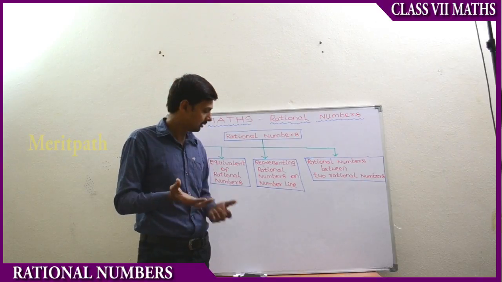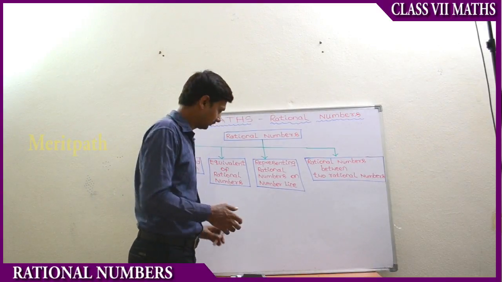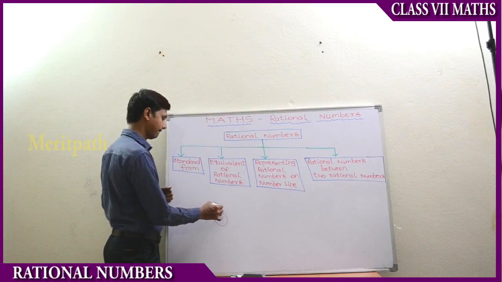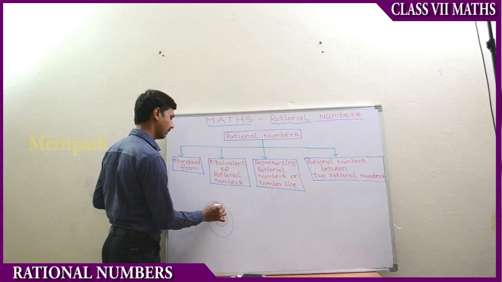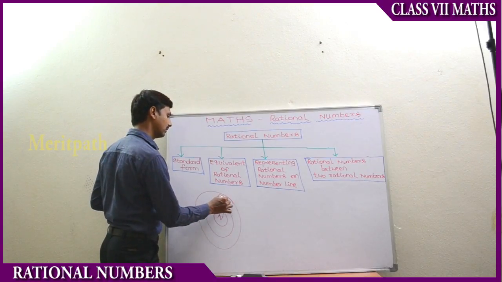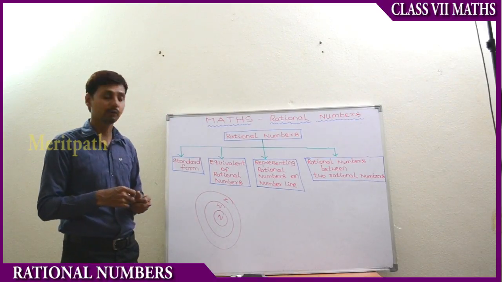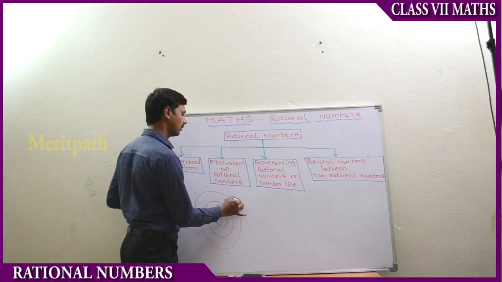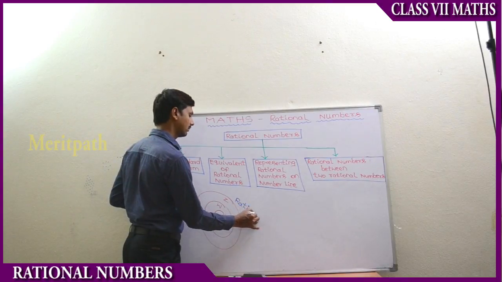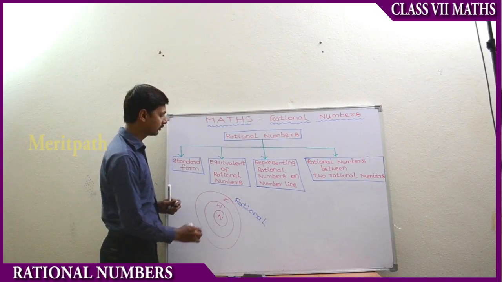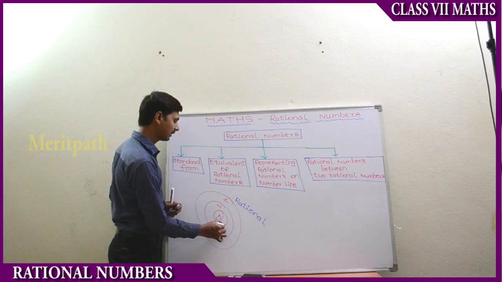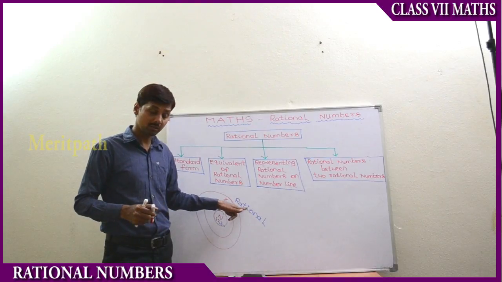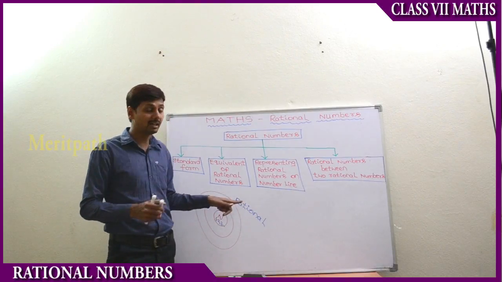rational numbers. For example, if we take a natural number, a whole number and an integer, all these numbers together are called rational numbers. That means natural numbers 1, 2, 3 are rational numbers, because 1 is a rational number, 2 is also a rational number, 3 is a rational number.